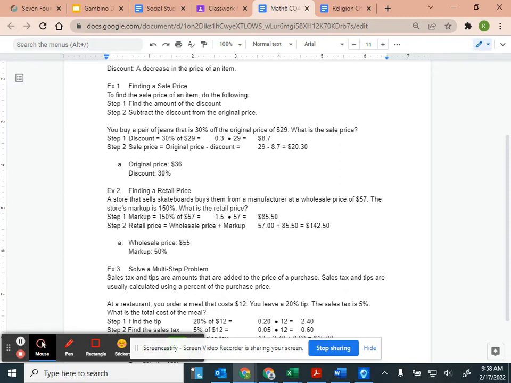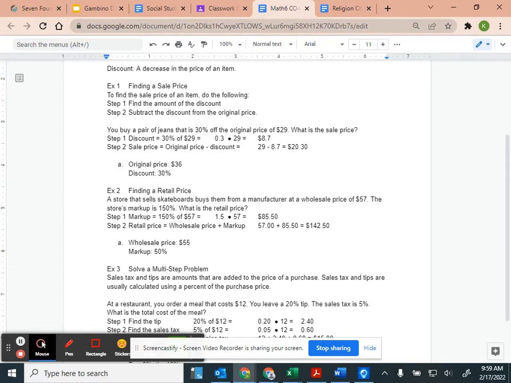Now we're just putting real life words to it. Okay, we found the percent of decrease, and then we found the new amount. Now we're saying find the discount, which is the percent of decrease. And then find the new amount. What's the sale price? Same thing. We're just using real life words.